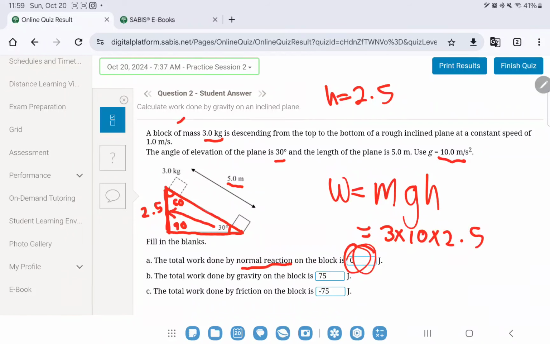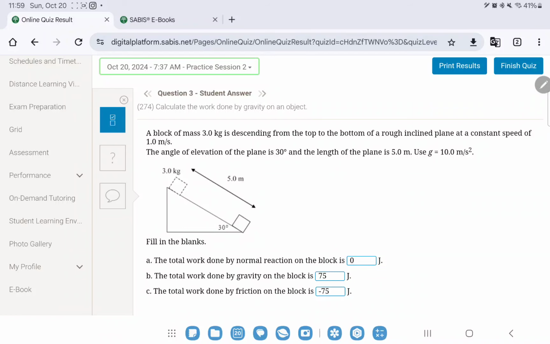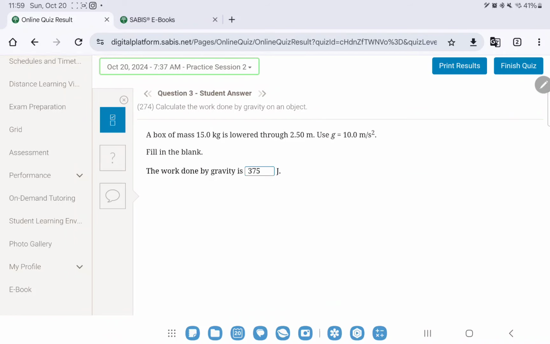Once you put this in your calculator, you get 75. Now we have friction. Friction is resistive; it's resisting the work done by gravity. So it's going to be the exact same in magnitude, opposite in sign. That's it for this question. It's really simple. Move on to the next one.